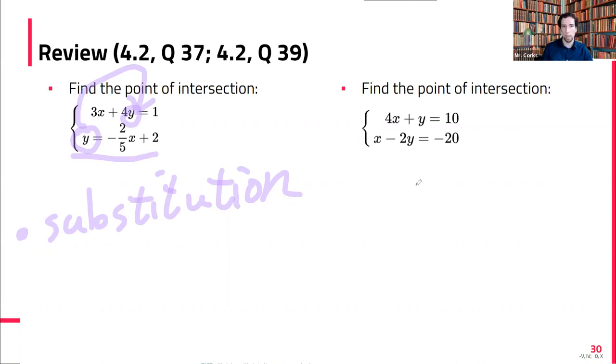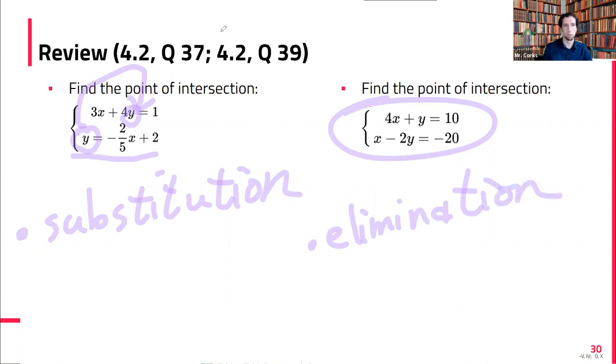That's substitution. We can also do the one on the right. It seems set up nicely for elimination. How do we do elimination? We target one of the variables and try to eliminate it by adding or subtracting the whole equations. Let's say we target the x and want to get rid of the x's, then we would multiply the second equation by 4.